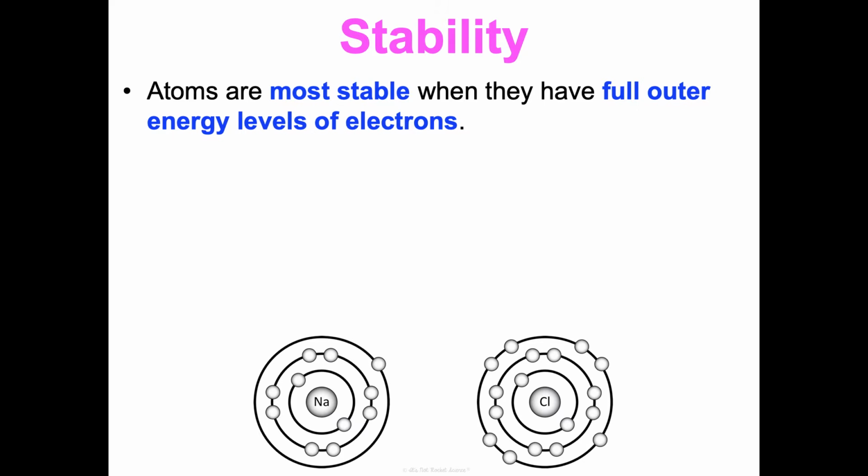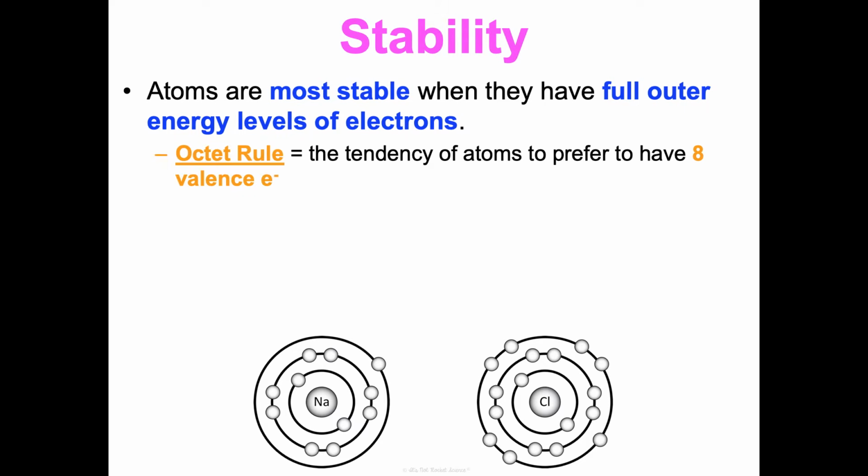Now, this is why this matters for stability. Atoms are most stable when they have full outer energy levels of electrons. And for most atoms, the tendency is for the octet rule, which means a preference for 8 valence electrons. Hydrogen and helium are an exception because they only have one energy level, and if you remember, that first energy level closest to the nucleus only holds 2.